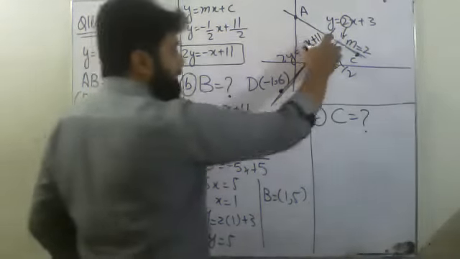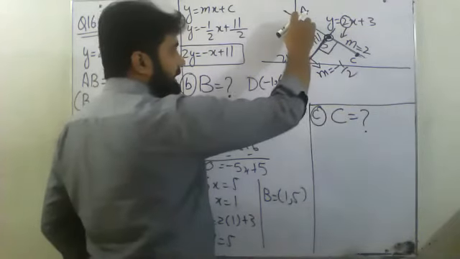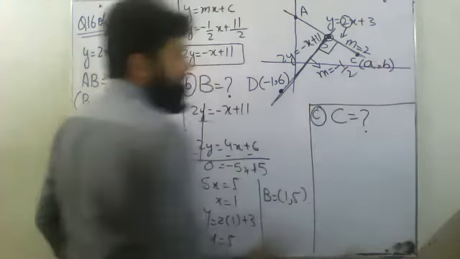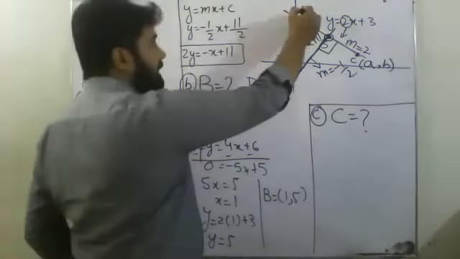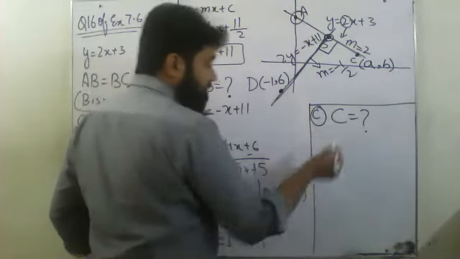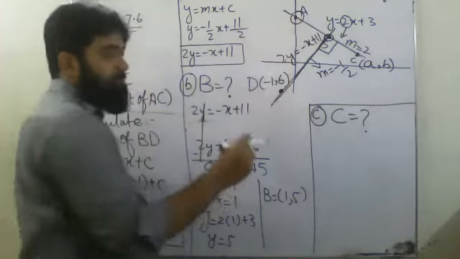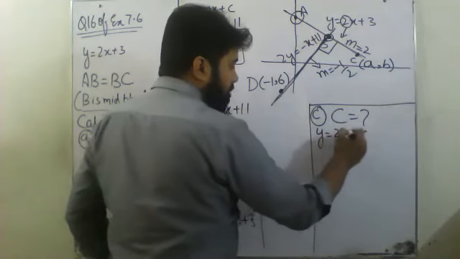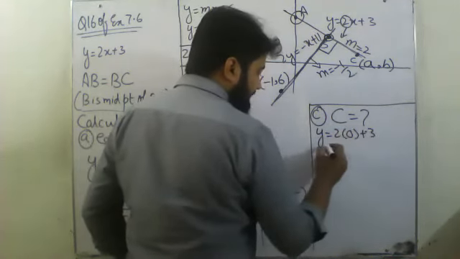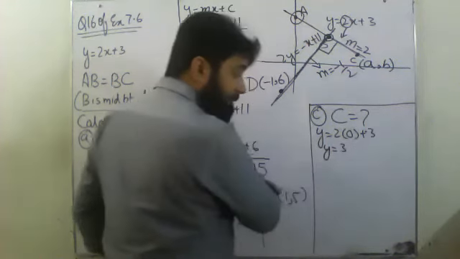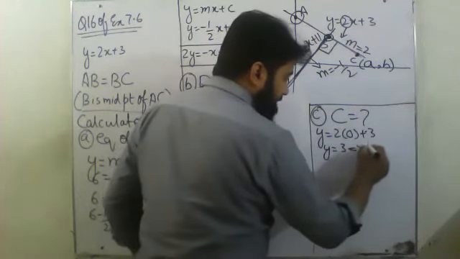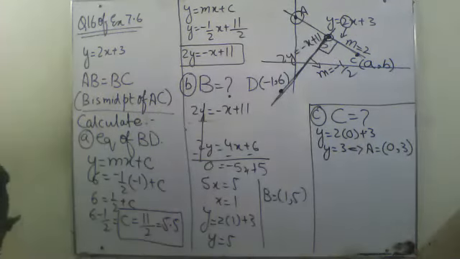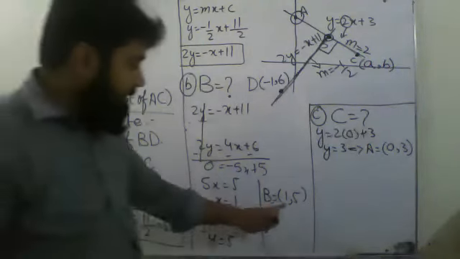Now B is the midpoint, C is one corner, A is another corner. I don't know the coordinates of C, so I'm writing it as a, b. But first of all, I have to have the coordinates of A. It is on the y-axis, meaning the value of x will be 0. So y equals 2 times 0 plus 3, and the value of y is 3. It means A is 0, 3. Now, B is the midpoint.